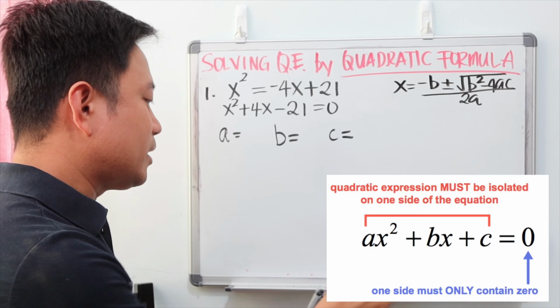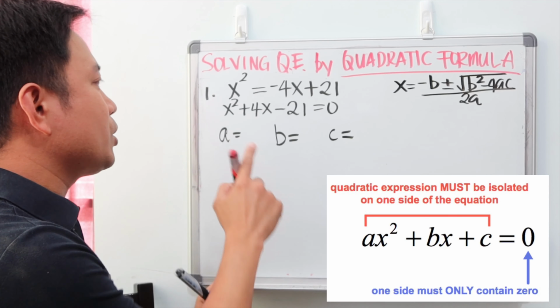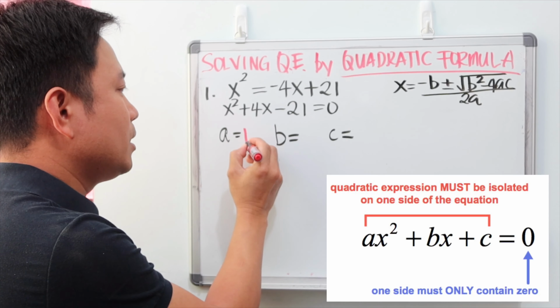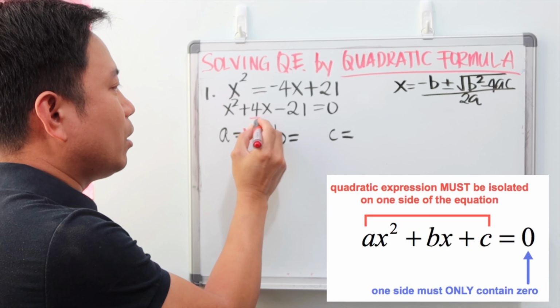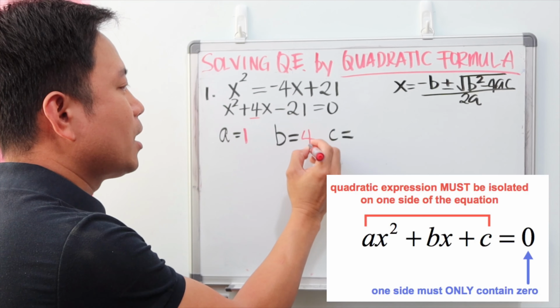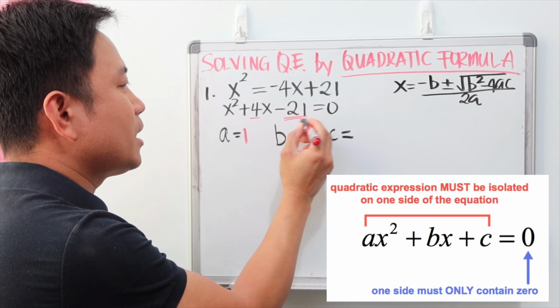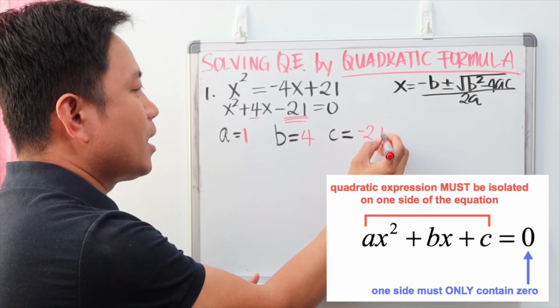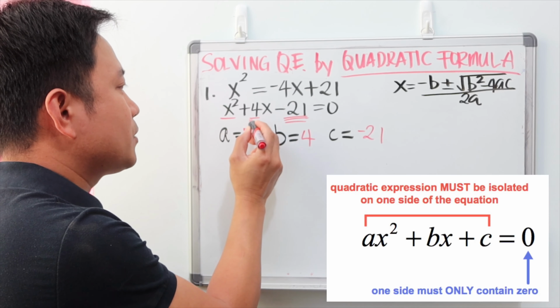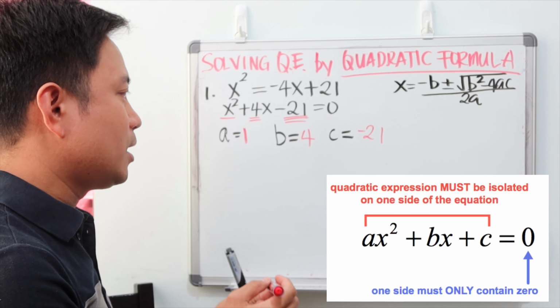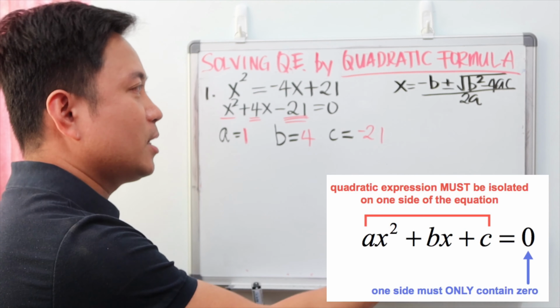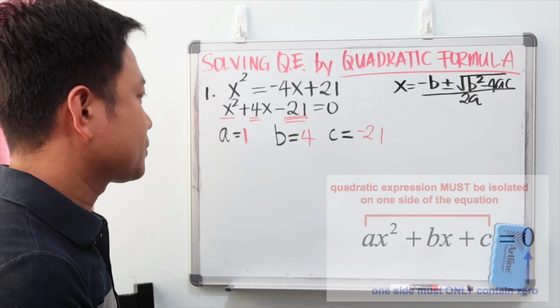Which means the a value is the coefficient of x squared, that is 1. b, the coefficient of x, is 4. And our c is negative 21. A is 1, b is 4, c is negative 21, and now we're ready to plug them into the quadratic formula.